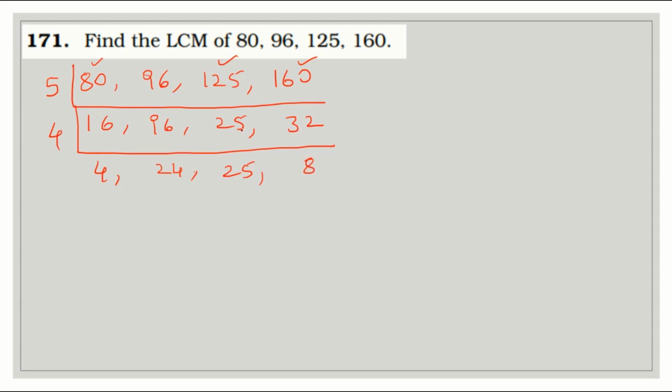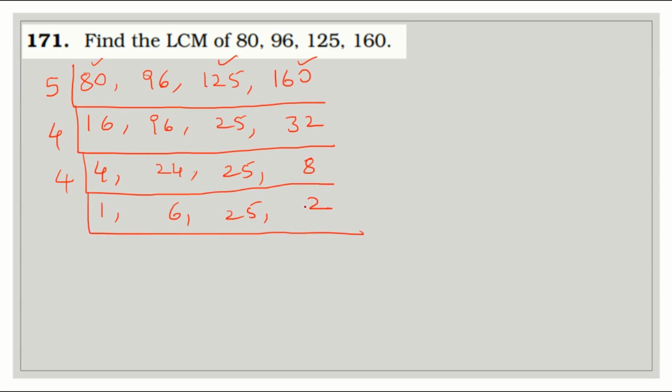Next, again except 25, the remaining numbers are divisible by 4 again. 4 ones are 4, 4 sixes are 24, and 4 twos are 8. 6 and 2 are divisible by 2. 2 ones are 2, 2 threes are 6, 25 comes as it is, and 2 ones are 2.